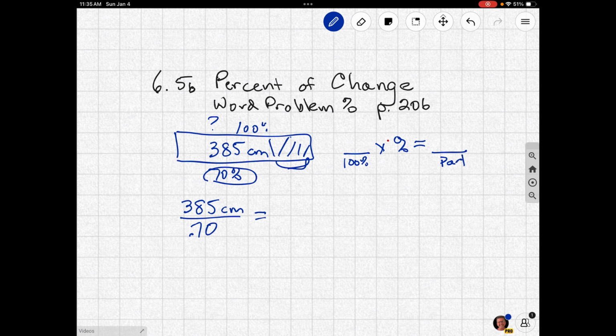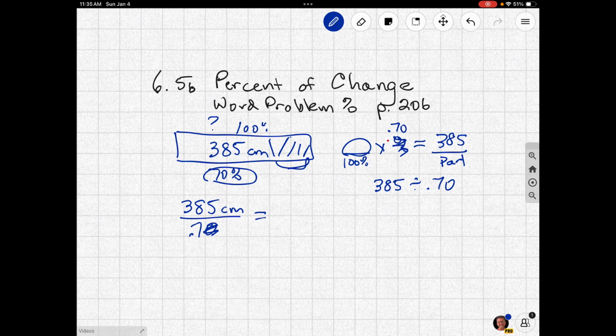So here we start with the part, which is 385. We know the percentage is 0.70, or 70%. It's not a percent when it's 0.70. And so to find this missing number, the opposite of multiplication is division. So we're taking the 385 and dividing it by 0.70, or 0.7, which is the same thing as a fraction.